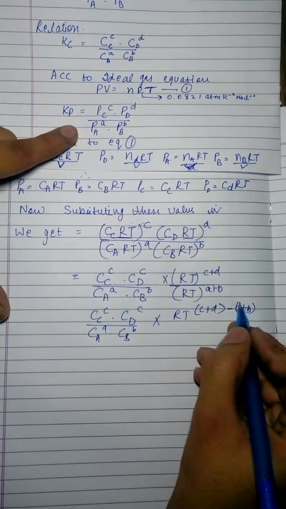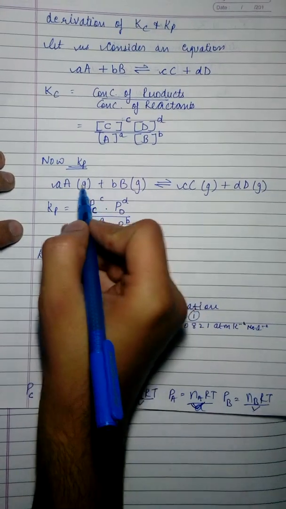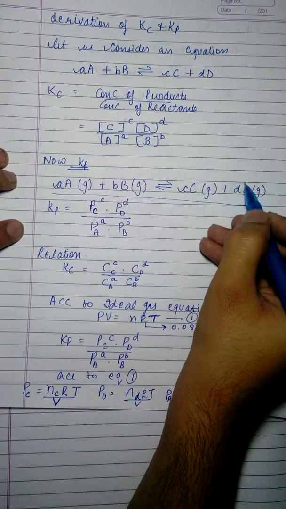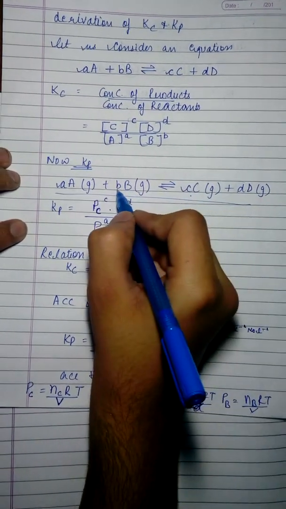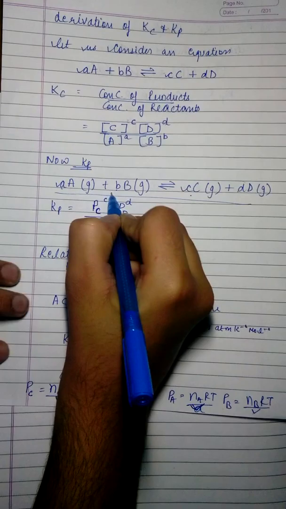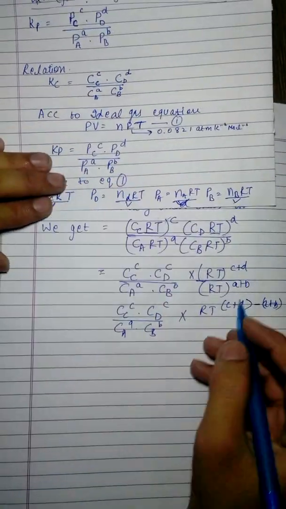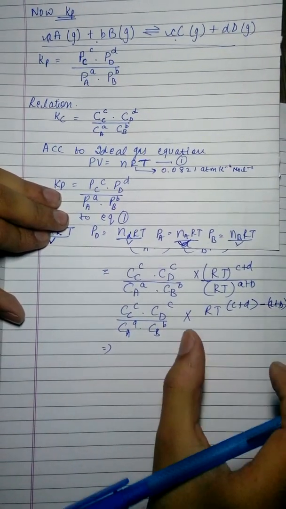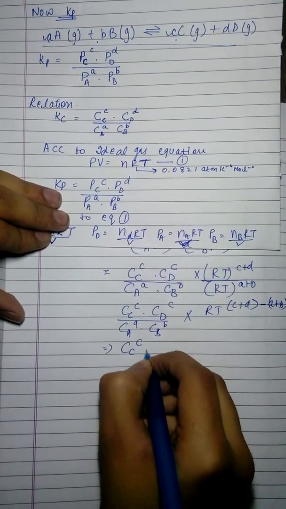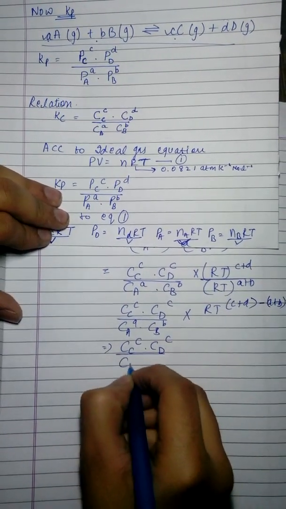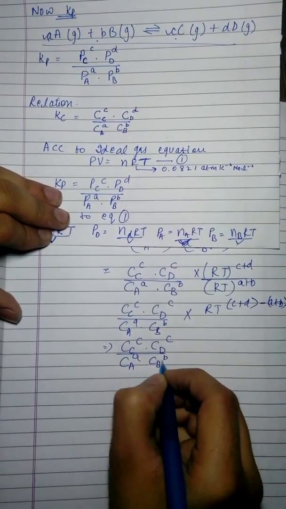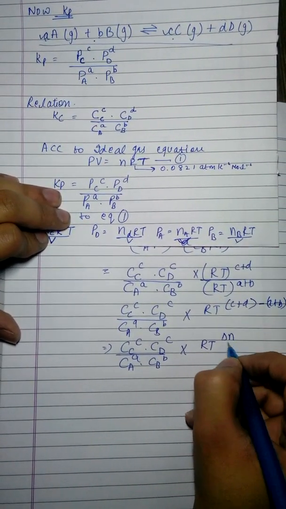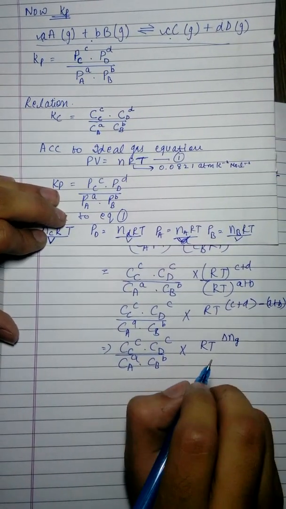These are number of moles. Actually, see the equation, in this equation, d plus c minus a plus b gives us number of moles of gas. CC dot CD upon CA CB into RT raised to power delta n, number of moles of gases. Here g represents the number of moles of gases.